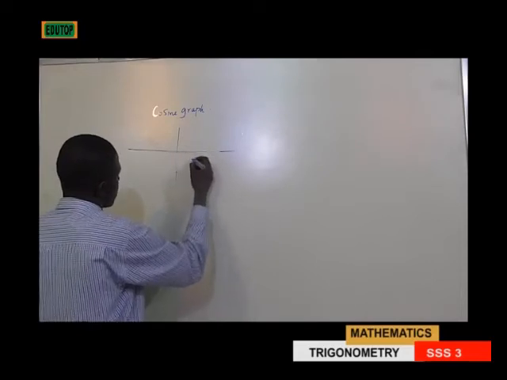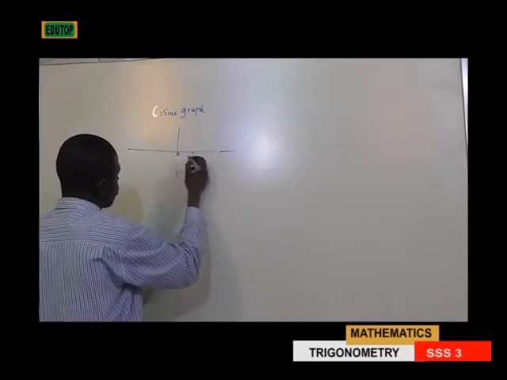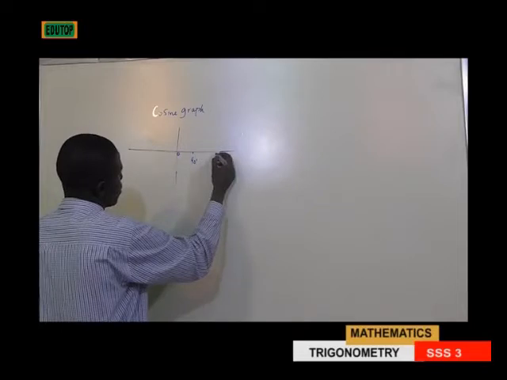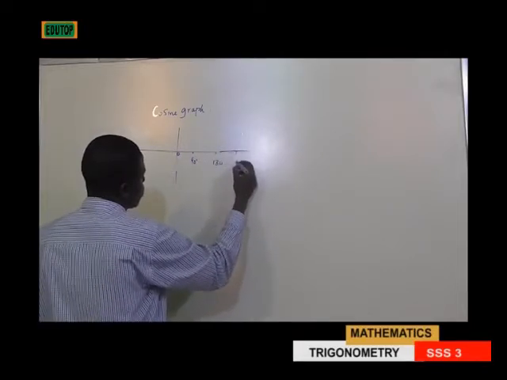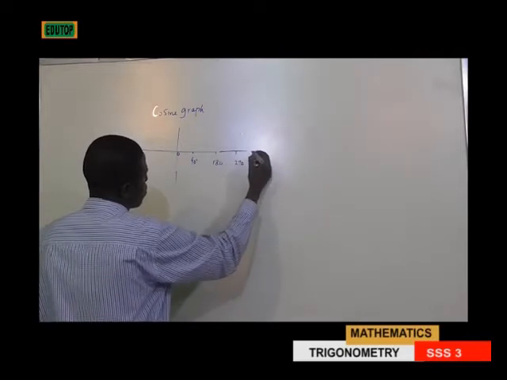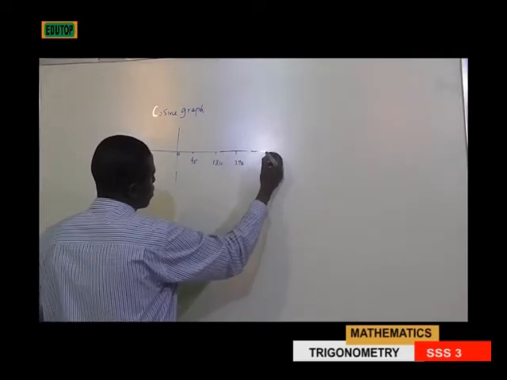you have, this is your 0 origin, 90 degrees, you have your 180, you have your 270, you have your 360.